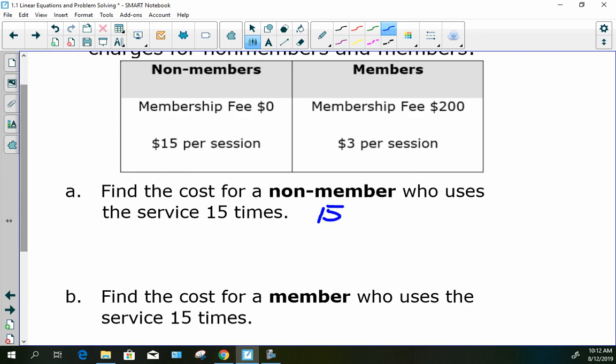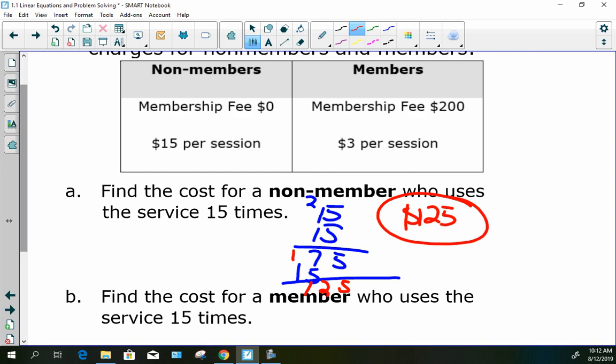So they're going 15 times and it costs $15. That's going to cost them how much? $225. That's what it's going to cost them. Okay? If they're not a member, it's going to cost them $225.